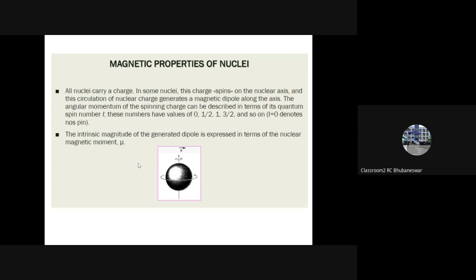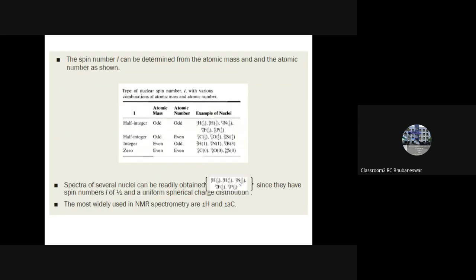Depending on the spin numbers, you can predict whether that nucleus will be sensitive for study through NMR spectroscopy or not. The intrinsic magnitude of the generated dipole is expressed in terms of the nuclear magnetic moment mu. Slowly, subsequently, you will see what that is.